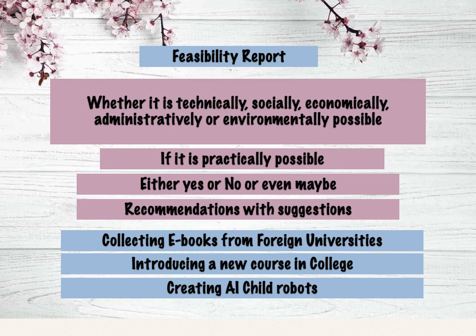So it's not just the economic part; there is a social aspect here, whether this is acceptable. Robots in the form of children walking around you, walking in the streets: is it socially possible, is it technically possible, is it ethically possible? All these questions will be considered in a feasibility report.